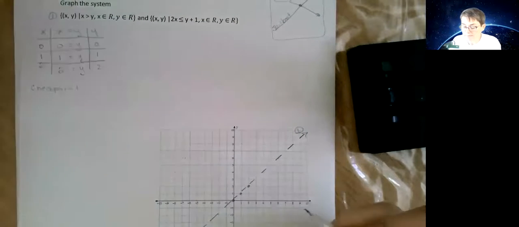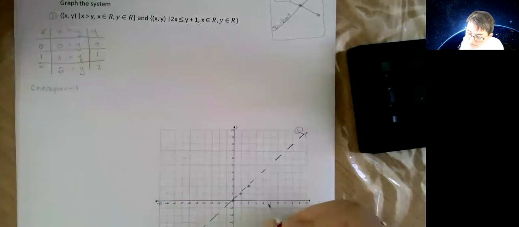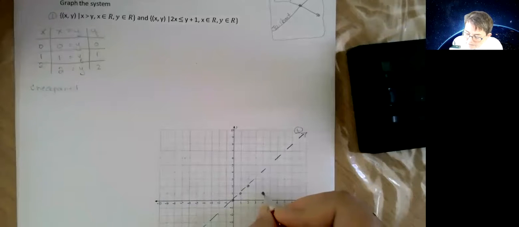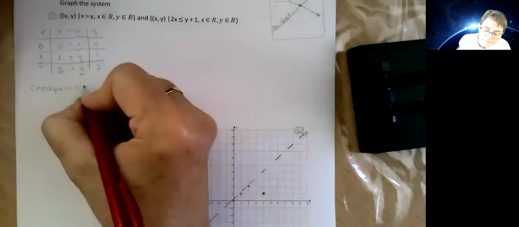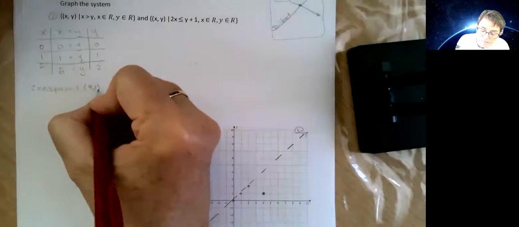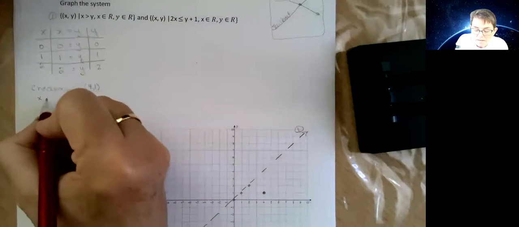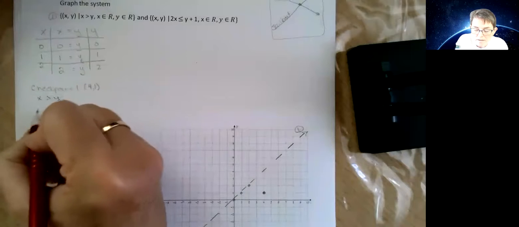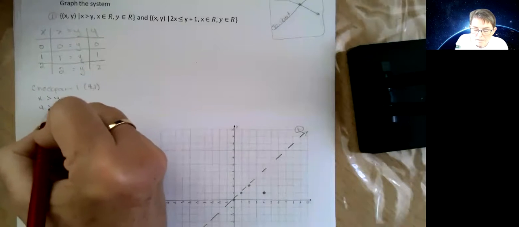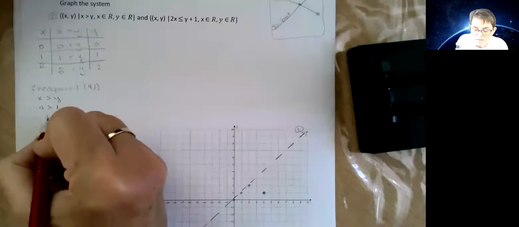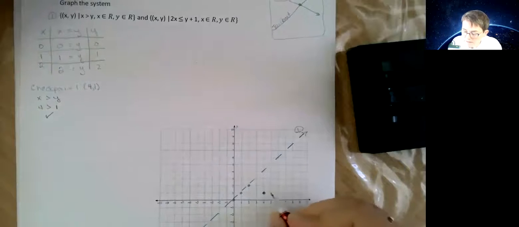All right, no. Let's go, I don't know, 4 and 1. Okay, so x is greater than y. 4 is greater than 1. So yeah, it looks like this is probably the right side of my graph.